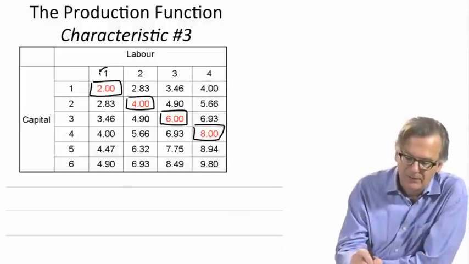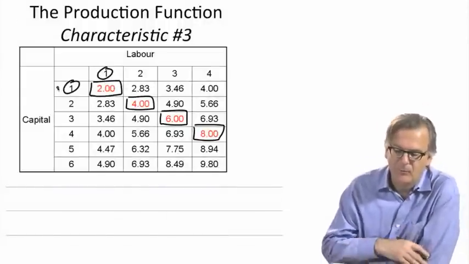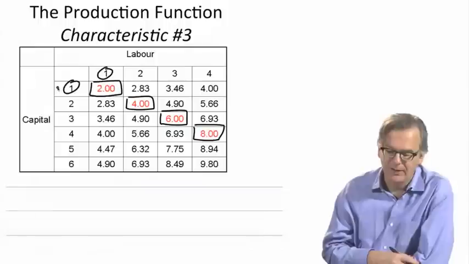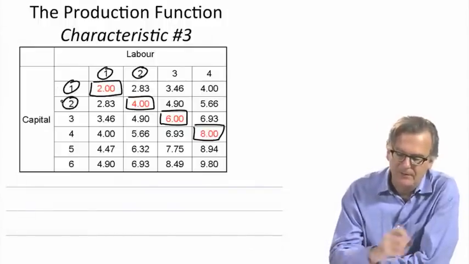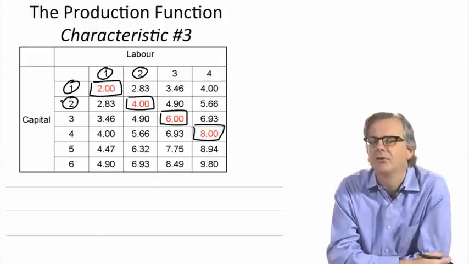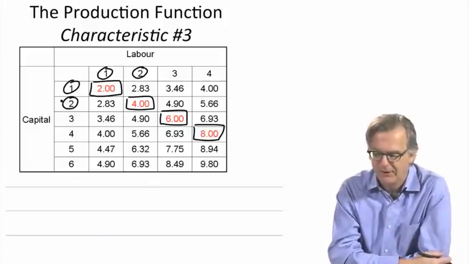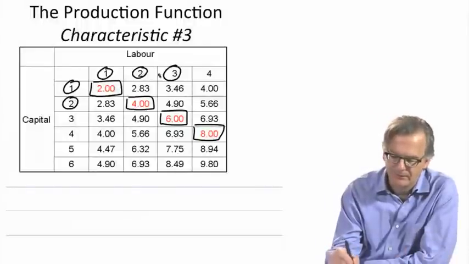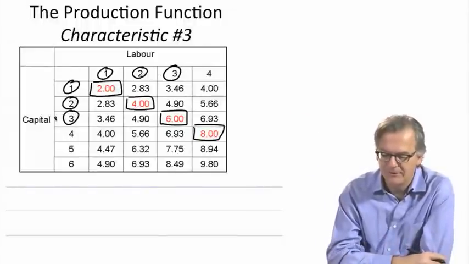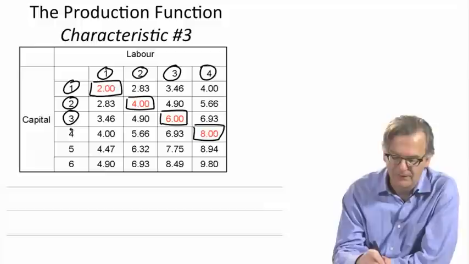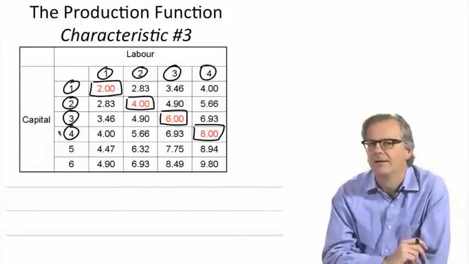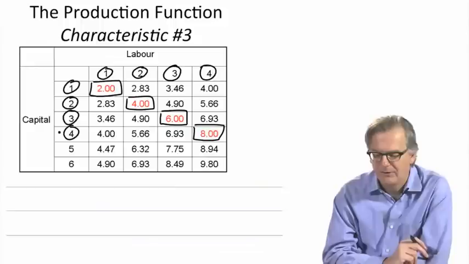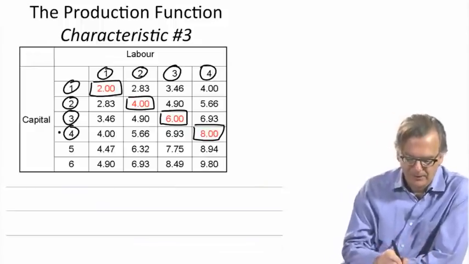And I want you to focus on these numbers here, because these numbers show something quite profound. The first number represents what happens when I have 1 unit of labour, 1 unit of capital. The second number, I now have 2 units of labour, 2 units of capital. Third number, 3 units of labour, 3 units of capital, and then 4 and 4. And I want you to look at those numbers in red and see if you notice something.